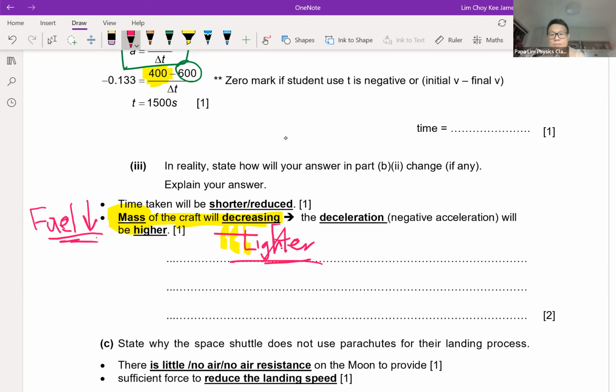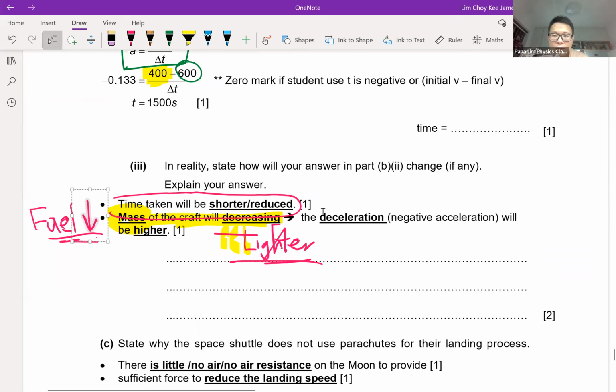It'll be easier to slow down my object, because the shuttle is getting lighter and lighter. So with the same upthrust, I'm able to slow down the shuttle even more. This is what I mean: because I am able to slow down my shuttle even more, in real life, I will take a shorter time to slow down my shuttle.